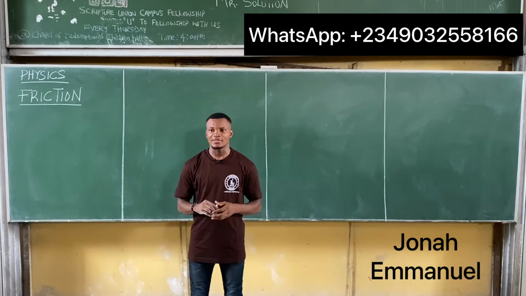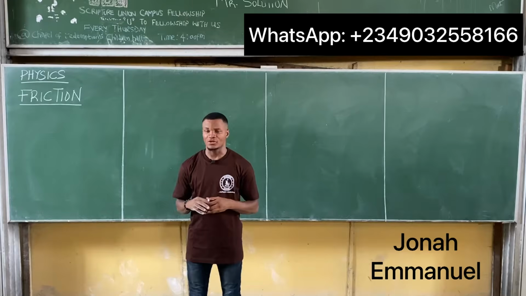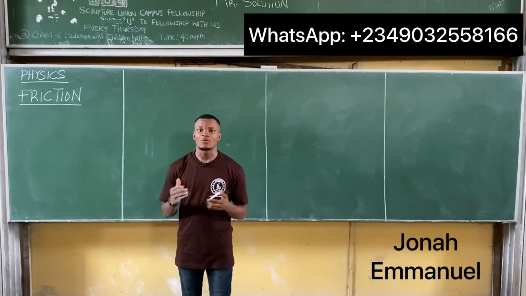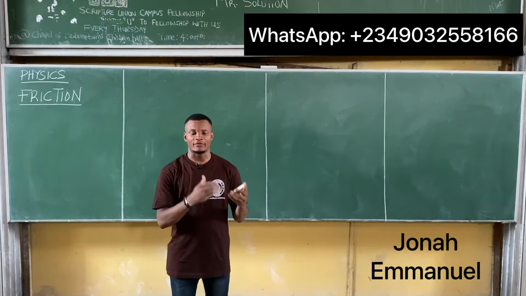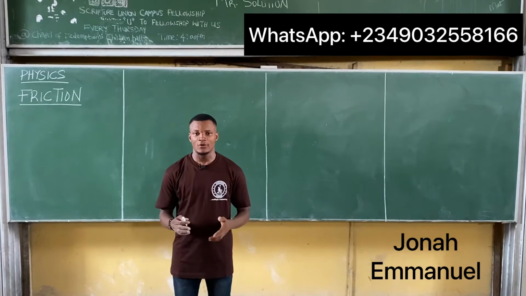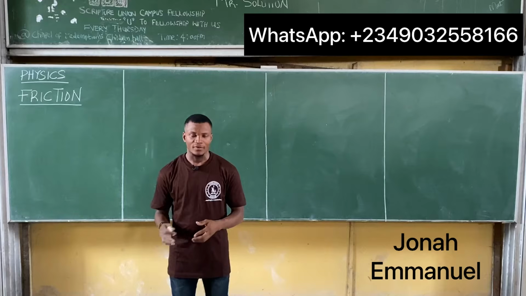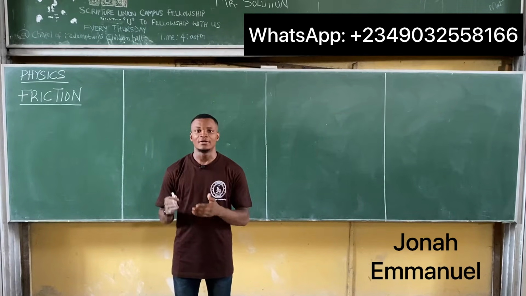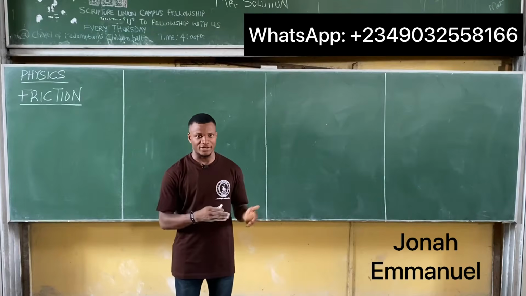Next up, let's look at where exactly friction acts. Now, we said friction is a force, and from what we know from the idea of vectors and scalars, force is a vector quantity, which means it must have magnitude and direction.